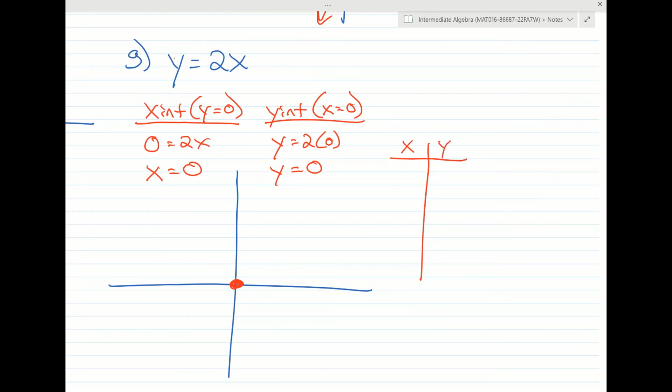If you put 1 in for x, y would be 2 times 1, which is 2. You put 2 in for x, y would be 2 times 2, which is 4. We couldn't really graph it with the intercepts, but all we had to do is pick a few more points and we got the line.